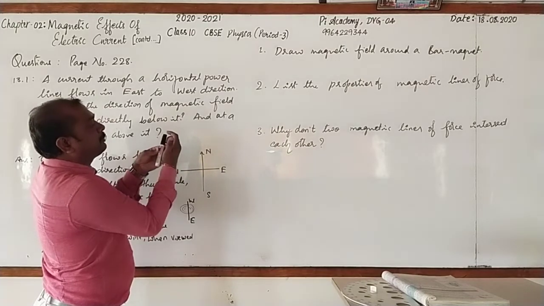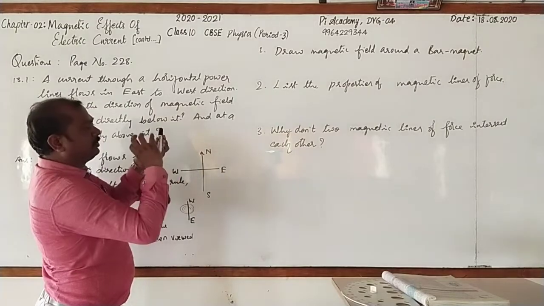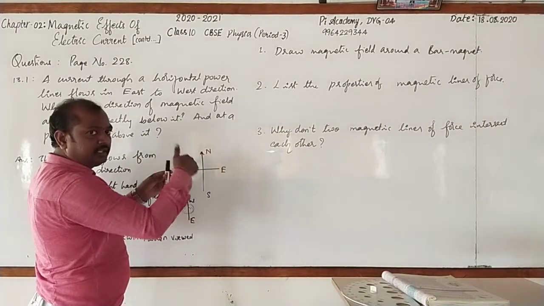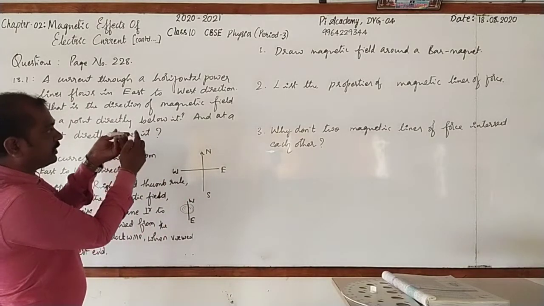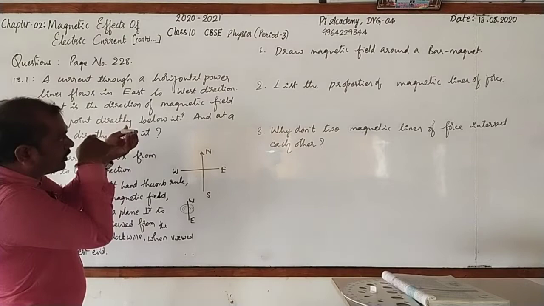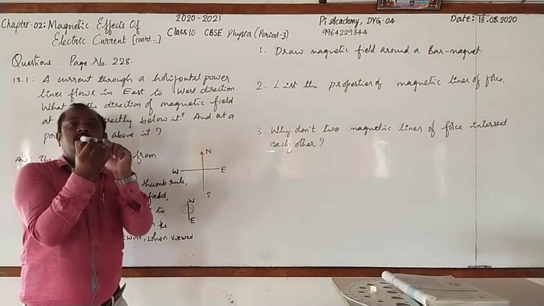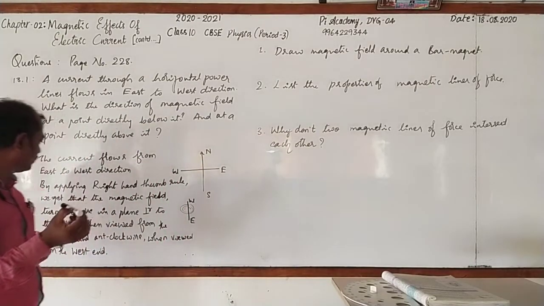And above the point means from here, that is from the west end. Look here, here the lines of force are in the anti-clockwise direction, right? But when you view from here, look here, it looks like clockwise, right? But from here, if I observe, it looks like anti-clockwise. That only has been written.